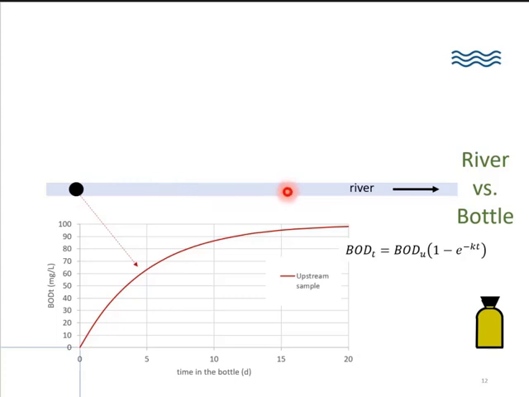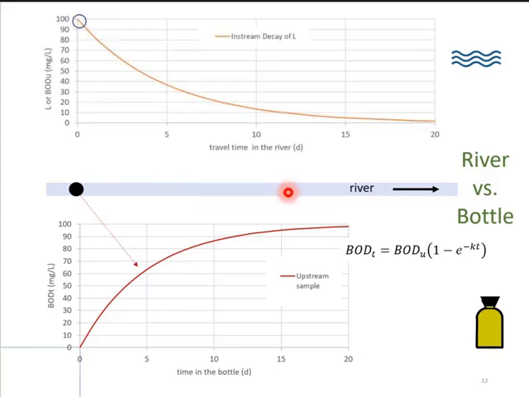Now what about other places on the river? Well, if it's 100 here, as the water travels downstream, bacteria are consuming the organic material, and the BOD in the water is declining. This curve, of course, is described by first order decay. Now suppose we came out and sampled the water 8 days travel time from our previous sample.